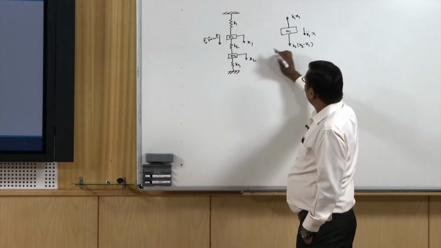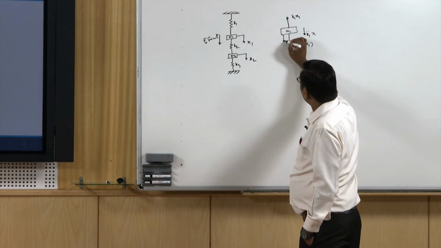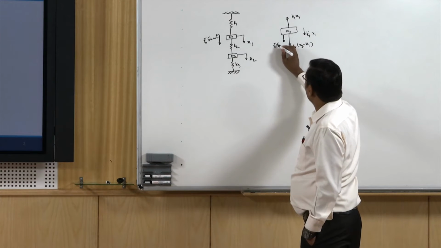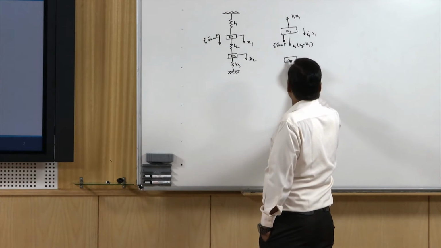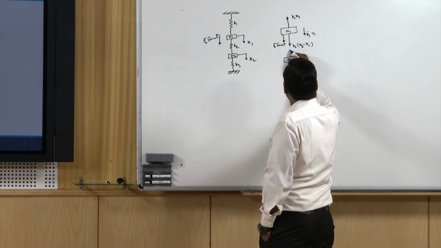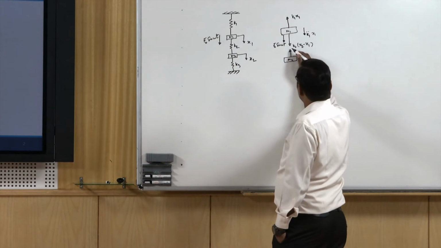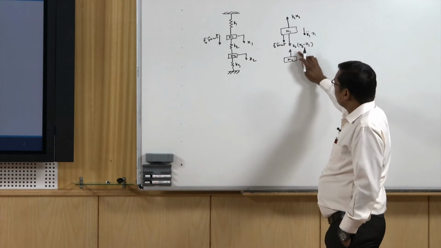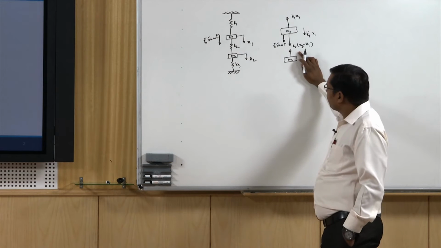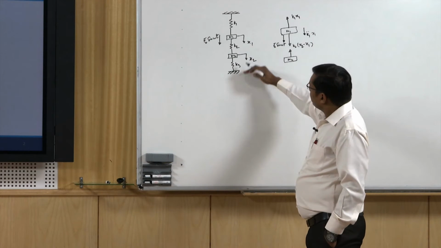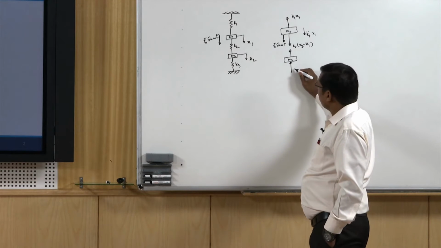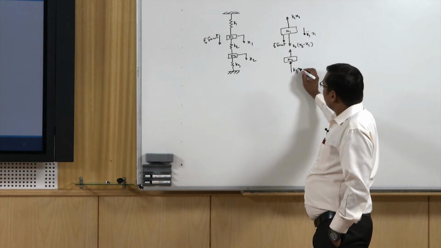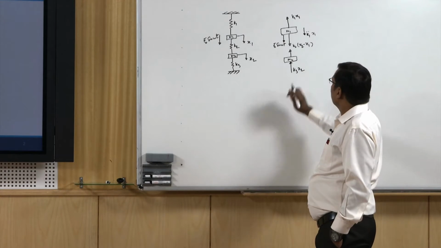There is also one external force F0 sin omega t acting on the system. For the mass m2, we have a force in this direction due to the spring k2, and because it is compressing the spring k3, that spring will apply a force in this direction, k3 times x2.